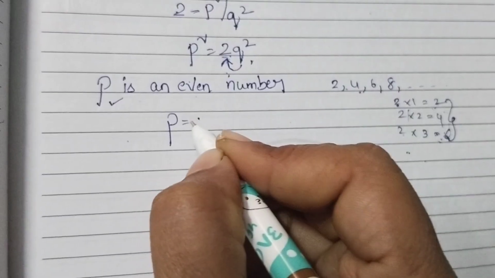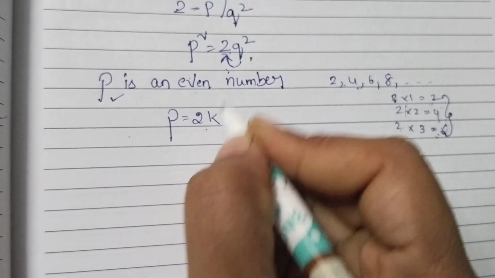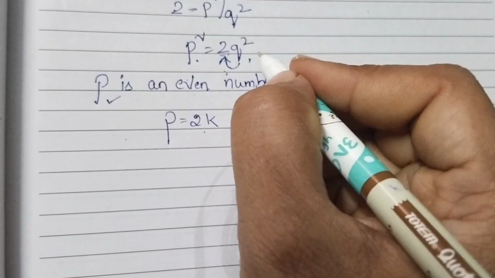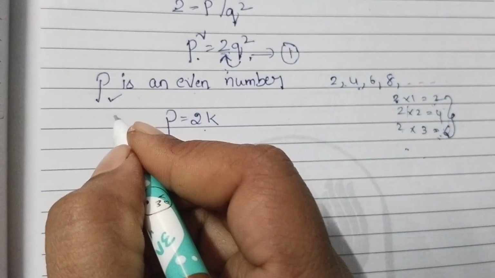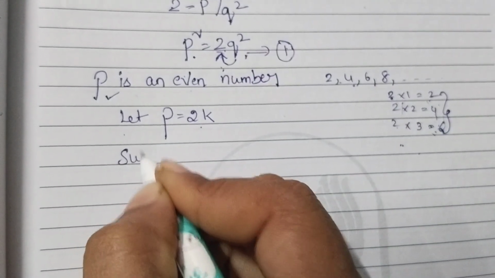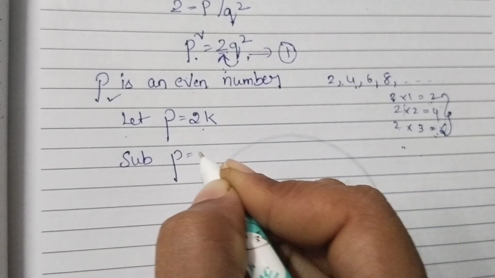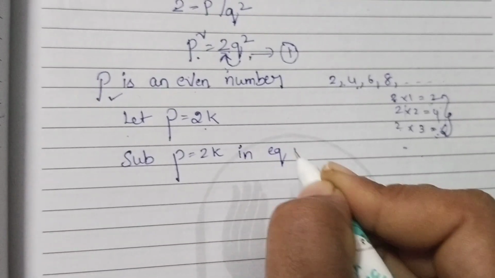Let p be 2 into k. Now substitute this p value in the above equation, let it be equation 1. Let p is equal to 2k and substitute p equals 2k in equation 1.